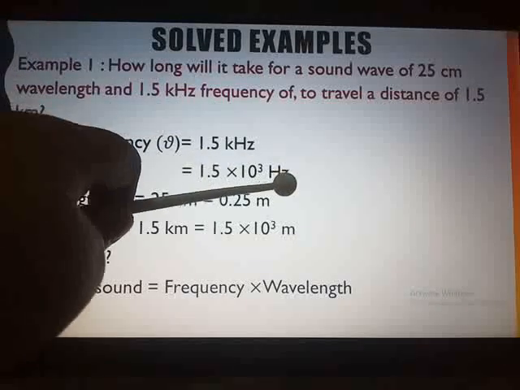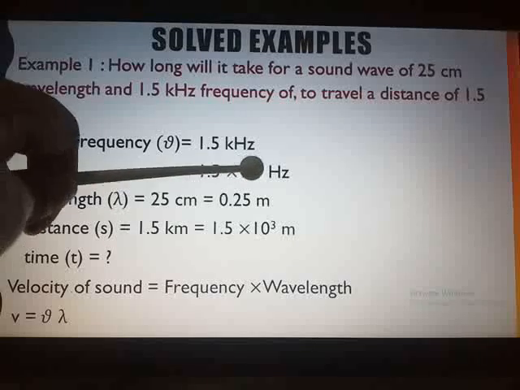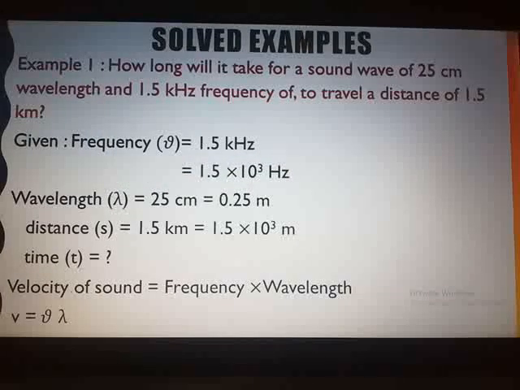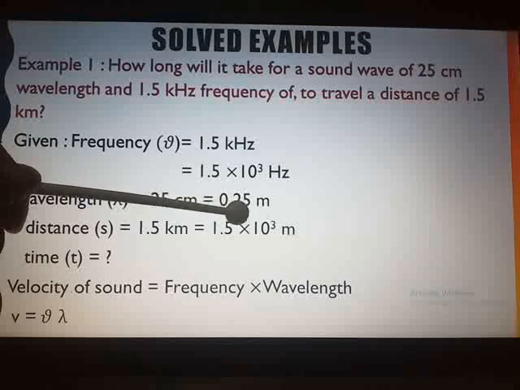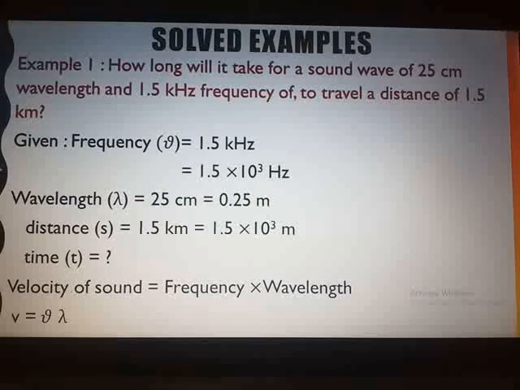So converting into hertz, it will be 1.5 into 10 raised to 3 hertz. Wavelength is given in centimeter, which we will convert into meter. You all know 1 meter is 100 centimeters, so to convert centimeter into meter, you have to divide by 100. So it comes out to 0.25 meter.